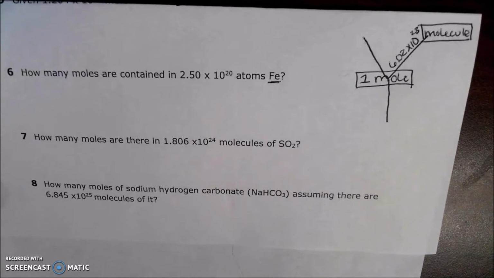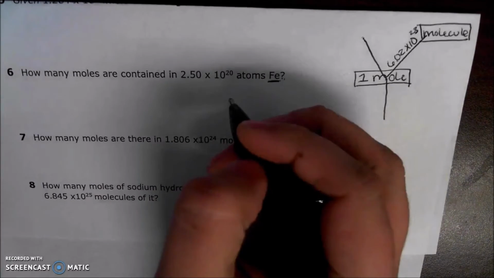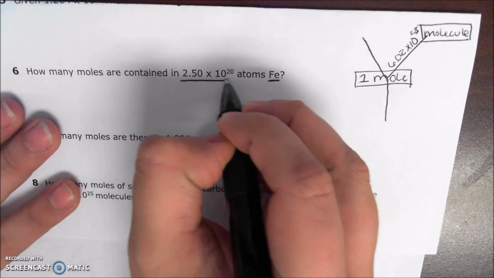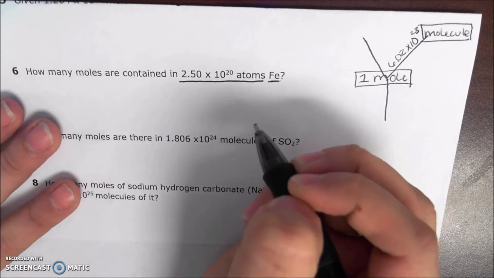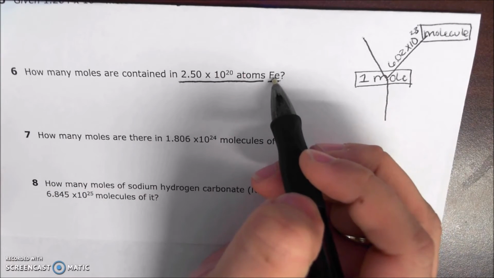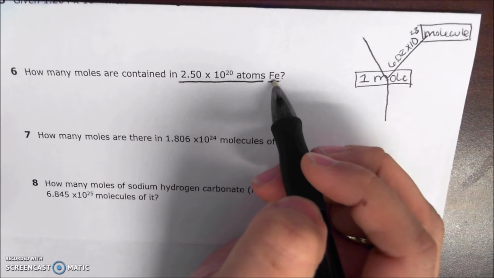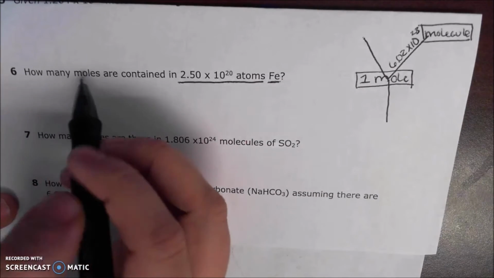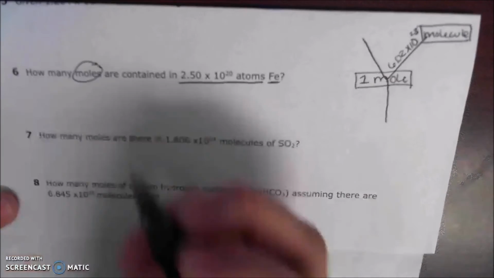So we've got our mole map and our problem. We want to underline the given. Our given is 2.50 times 10 to the 20th atoms, which we can use interchangeably with molecules here because we're dealing with just iron, one atom per molecule. And what we want is moles.